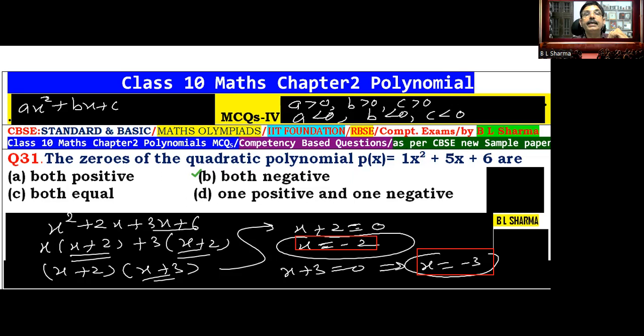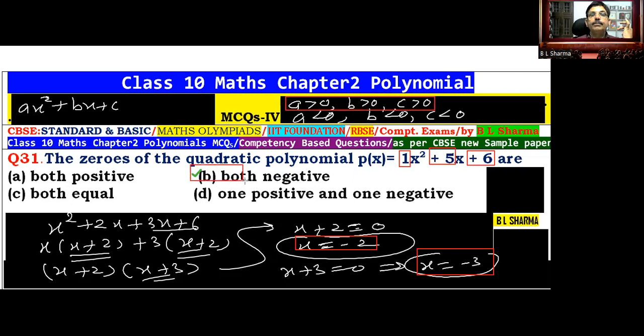Here you see that the coefficient of x square is positive. The coefficient of x is also positive, and the constant term 6 is also positive. So they are having the same sign. A is greater than 0, B is greater than 0, C is also greater than 0.